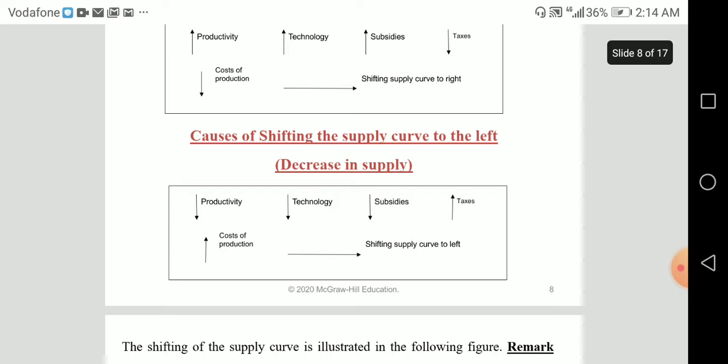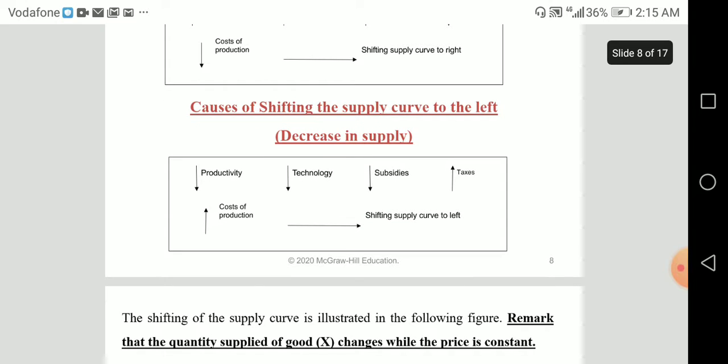Causes of shifting the supply curve to the left mean decreasing the supply. Productivity: if your productivity is not high, this means a decrease in the supply. I have low technology, I will also have a decrease in the supply. Subsidies: I'm not having any encouragement or help from the government, so I have a decrease in the supply.